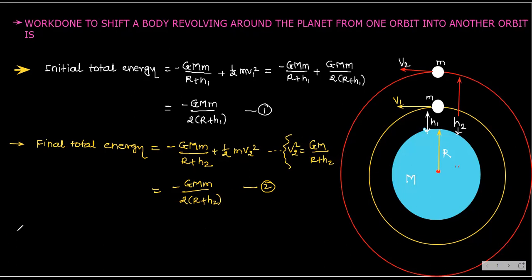So next is the work done. Work done, W, is equal to the total energy at height h2 minus the total energy at height h1. That is, final minus initial.